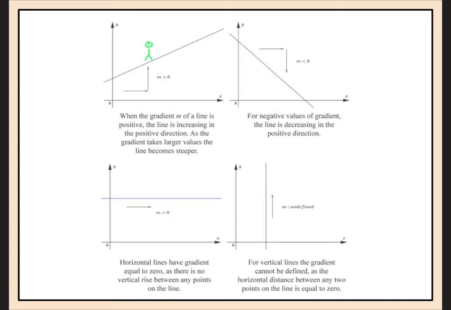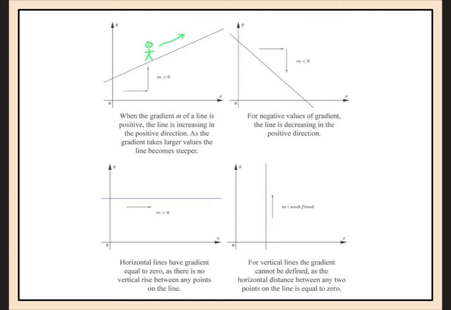If I draw a stick figure and it's going to walk on a line towards the right side, we see that it's actually going to go up, so it's going upstairs, so therefore it's increasing. That means that the direction is positive, and that means that your slope is greater than 0. So your gradient is going to be positive, is what I'm trying to say.